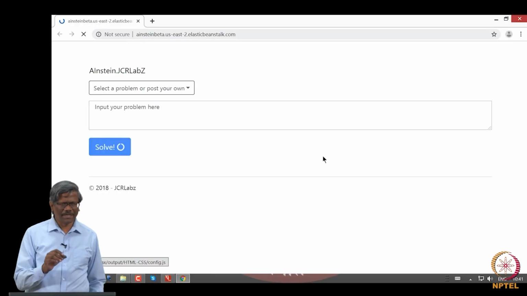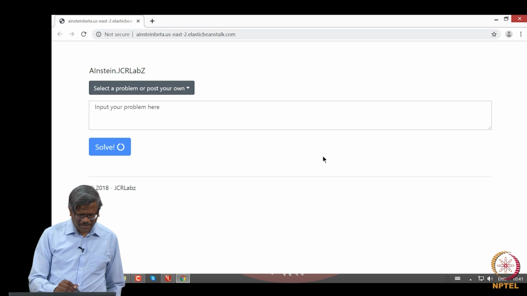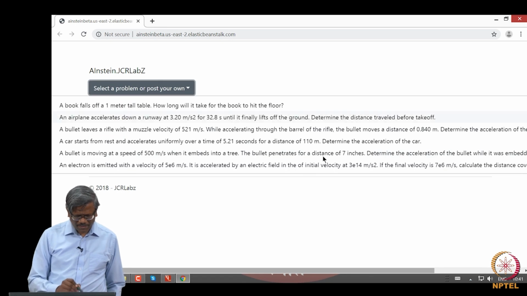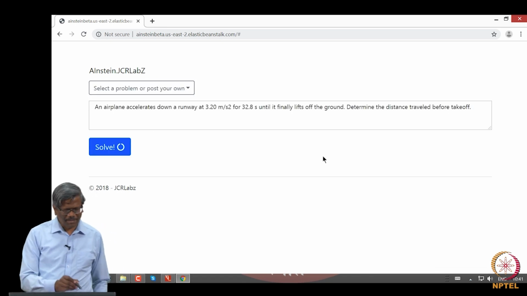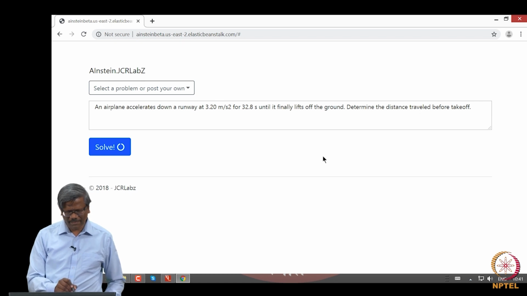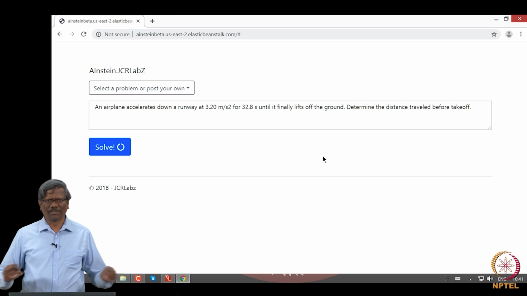So, this is one application that reads, let us say, a problem of this type. An airplane accelerates down a runway at 3.2 meters per second and so on, right. So, this is a problem.